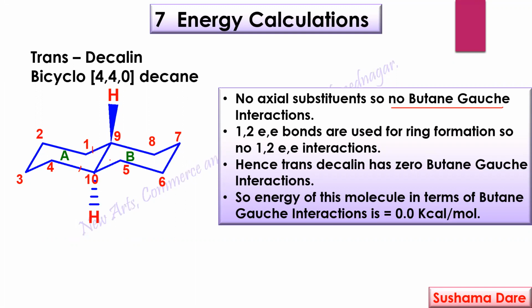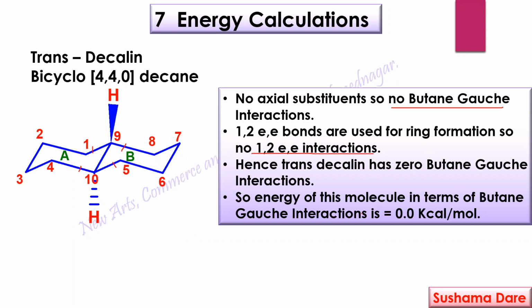With respect to ring B, these are the 1,2-EE interaction, and with respect to ring A, 9,8 and 10,5 are the 1,2-EE interaction. So overall there are two 1,2-EE interactions, but we never count them, because those bonds are required for the ring formation.